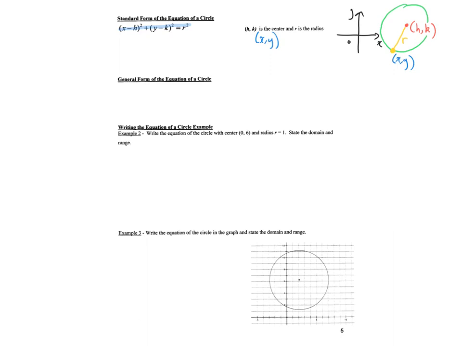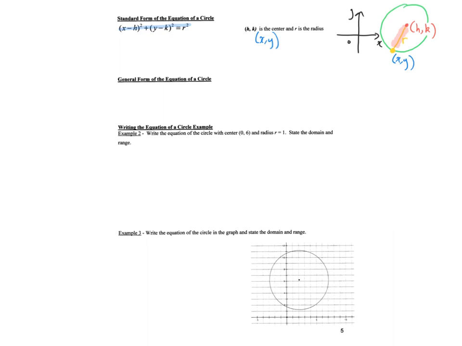The way that we can derive this standard form is simply by drawing a diagram for a circle whose center is h comma k and whose radius is r, and applying the distance formula to that line segment, right? Pythagoras kicks in and tells us r squared is the horizontal difference squared plus the vertical difference squared. So that's the standard form.